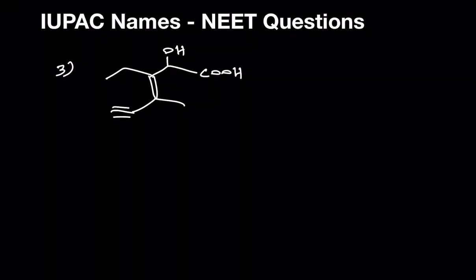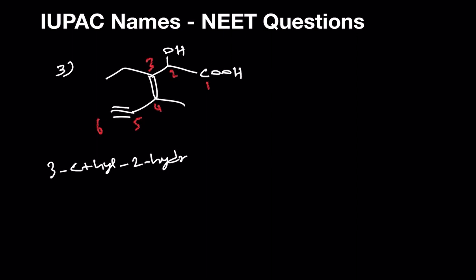So let's go to the third one. Let's do the numbering 1, 2, 3, 4, 5, 6. The name for this is, we have an ethyl group at third position, 3-ethyl and then 2-hydroxy. Remember, carboxylic acid gets the top priority and the OH group becomes the substituent.